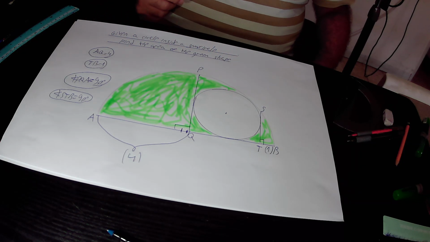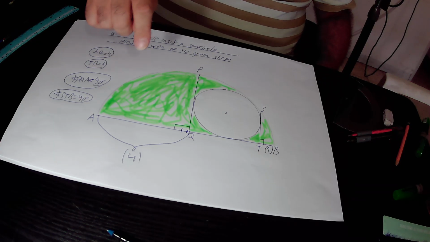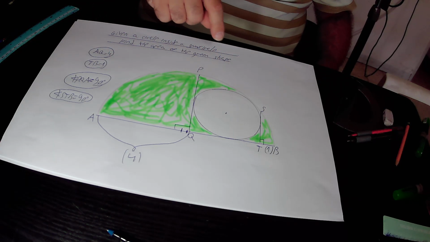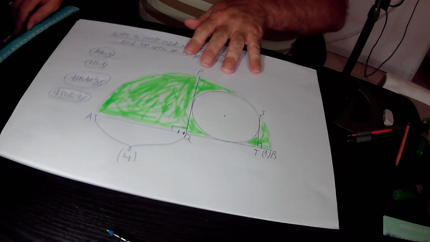So first of all, we define the radius of this big semicircle as x and the radius of this small circle as y.